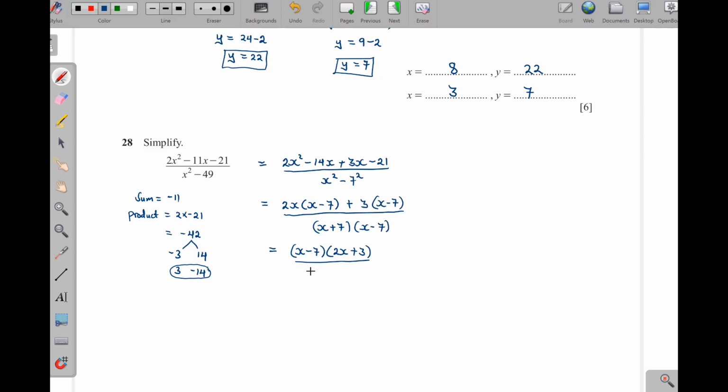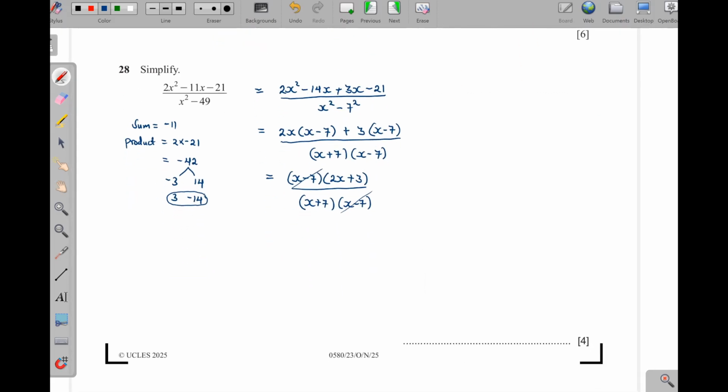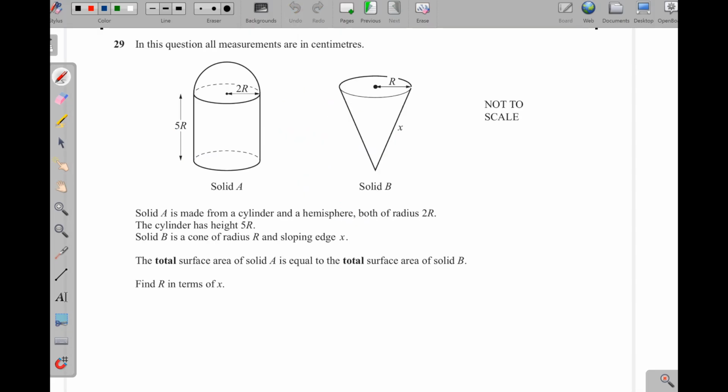Then here we shall have the x plus 7, then times the x minus 7. So this one here can cancel with this, okay? And then our answer becomes 2x plus 3. Then we divide by x plus 7. So when they tell you simplify, that means there is a factor that is going to cancel out in the numerator and the denominator. And for this case, we have seen it is x minus 7. You see that? Then lastly, question 29.